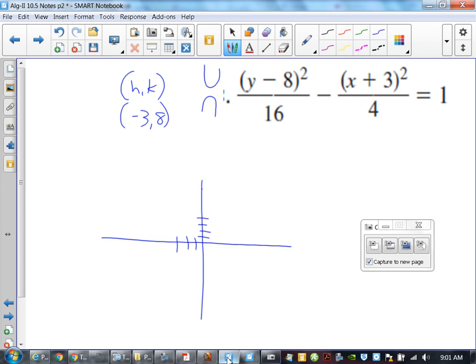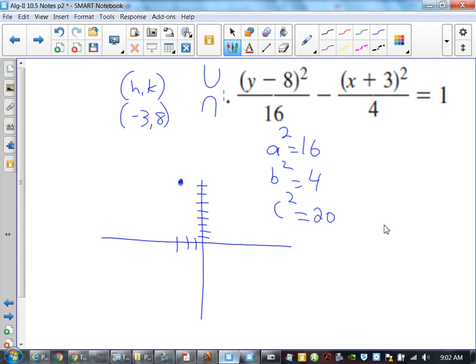There's my center. So now I start with that, and then I go through the process of figuring out a squared, b squared, c squared. I know that a squared is 16, b squared is 4, c squared then is... C squared for hyperbolas you add, c squared for ellipses you subtract.